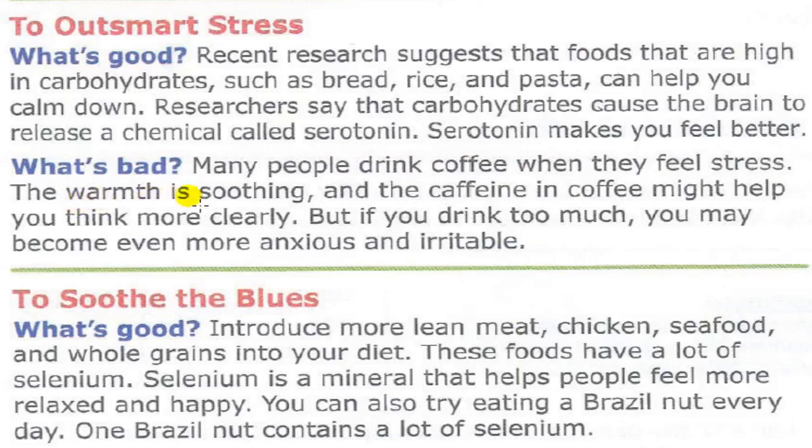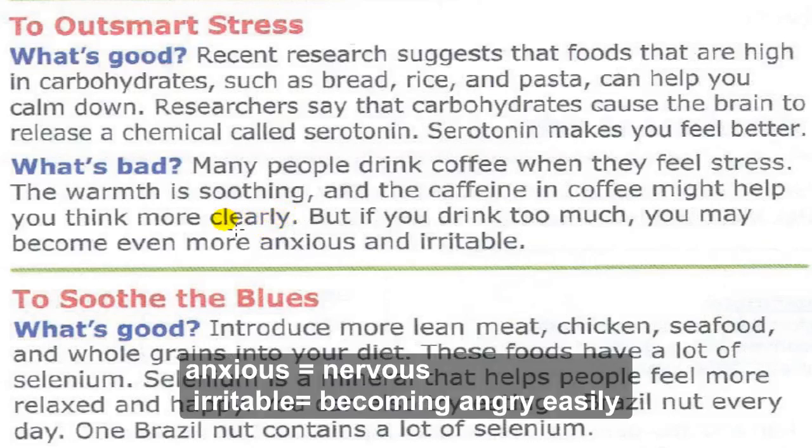The warmth is soothing, and the caffeine in coffee might help you think more clearly. So of course, when you drink coffee, the caffeine in the coffee makes you think clearly.